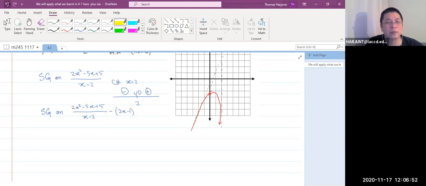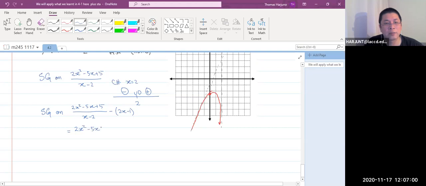Let's simplify that first. So this will be equal to (2x squared minus 5x plus 5) over (x minus 2) minus (2x minus 1)(x minus 2) over (x minus 2), which is (2x squared minus 5x plus 5) minus (2x squared minus 5x plus 2) over (x minus 2).